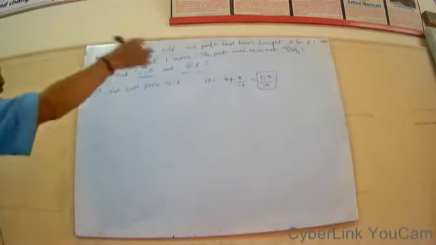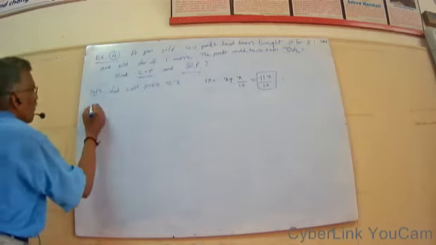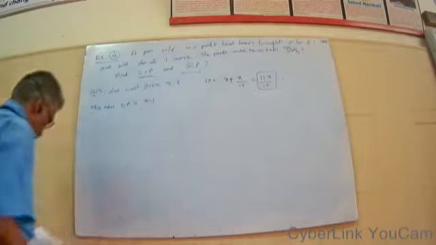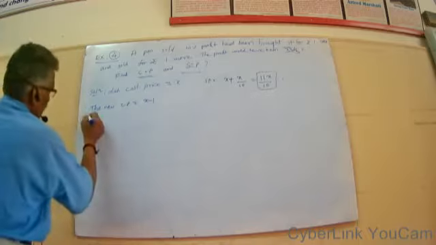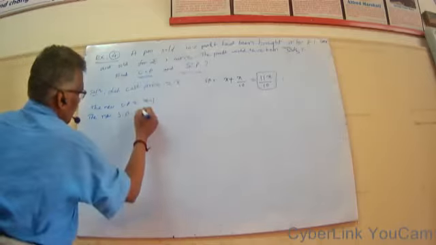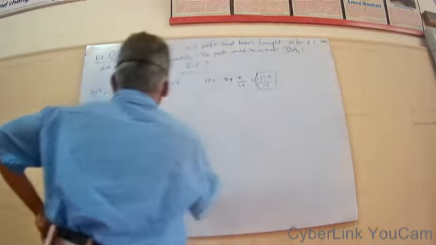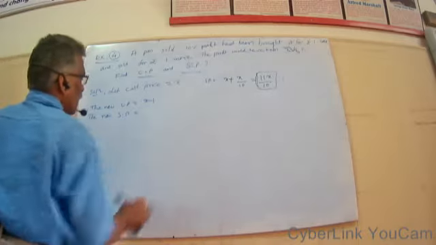But if it is bought for 1 rupee less, the new cost price equals x minus 1, because we have taken x as the cost price.